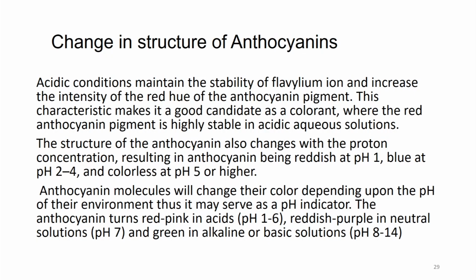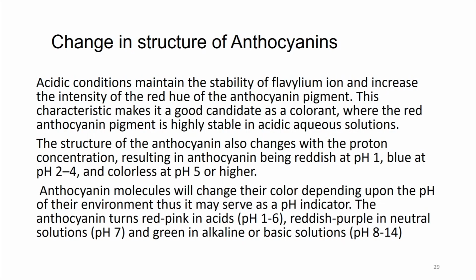The structure of anthocyanin also changes with the proton concentration, resulting in anthocyanin being reddish at pH 1, blue at pH 2 to 4 and colorless at pH 5 or higher. So, different anthocyanins can show different kinds of pH ranges. Anthocyanin molecules will change their color depending upon the pH of their environment. Thus, it may serve as a pH indicator.